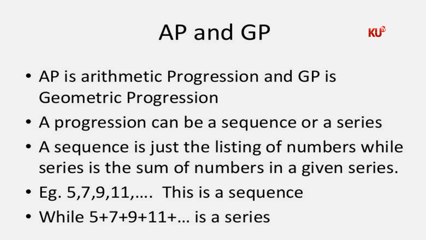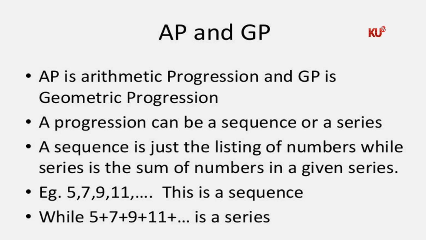What is a sequence? A sequence is just a listing of numbers, but the series is the addition, the sum of the numbers. So the difference between a series and a sequence is that a sequence is just listing.